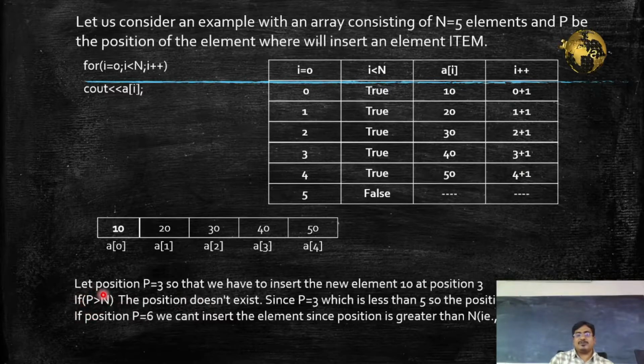That's why the position should always be less than n. So which is less than 5, so the position exists. You can see here we can't insert the element since position is greater than n. My n is 5, but my p is 6, which is greater than n. So the condition becomes false, then it directly comes out of the statement.